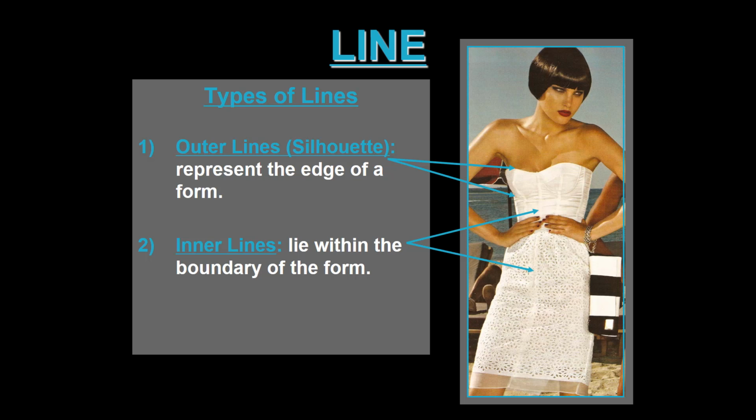Now an inner line lies within the boundary of the form. So again, it physically is on the garment surface. So here, what's making up the inner lines are the seams. So there's a seam at the center front of that skirt. And there's also what's called boning in that bodice top.